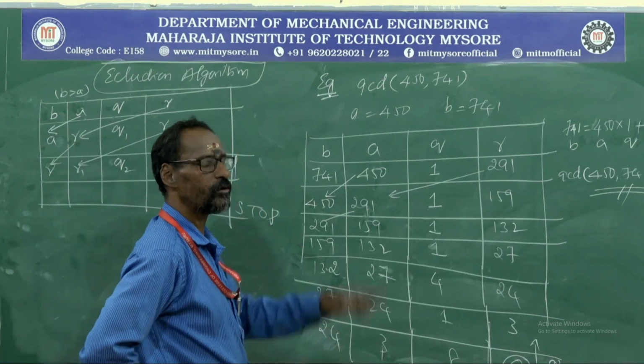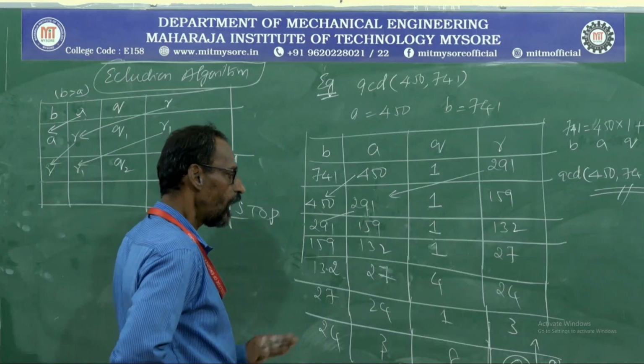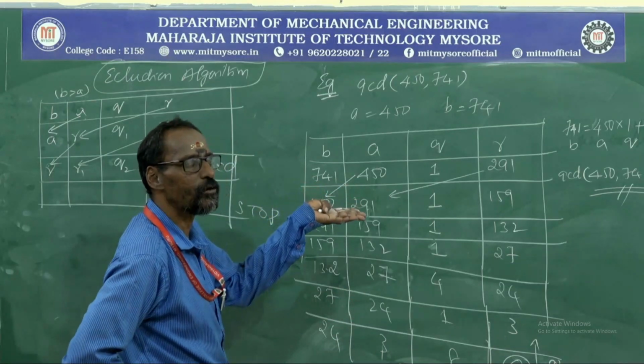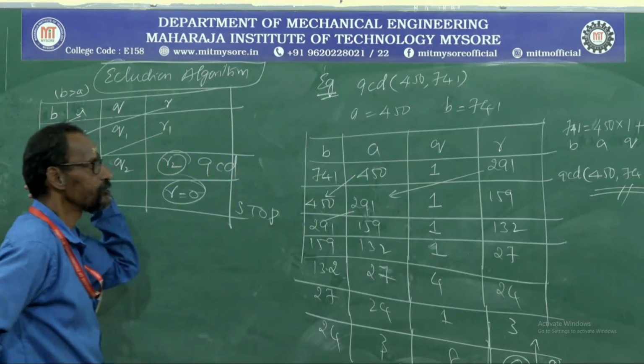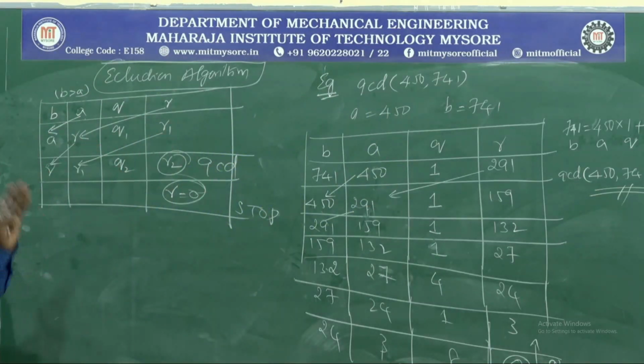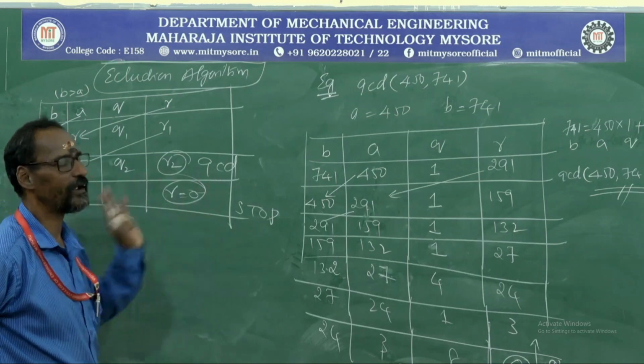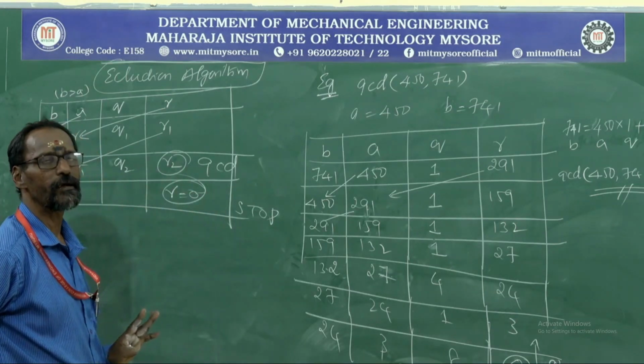Once R becomes 0, stop and go to the previous non-zero value in R. That is my GCD. So beautiful, so elegant, so simple looking.